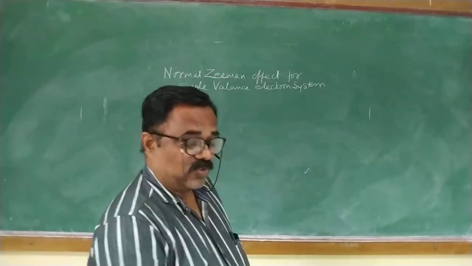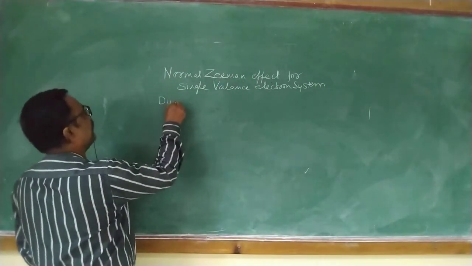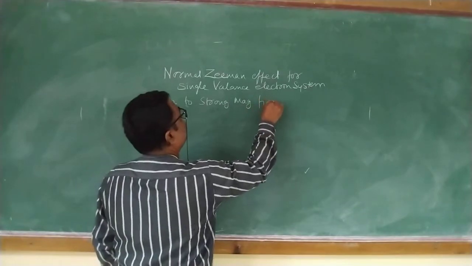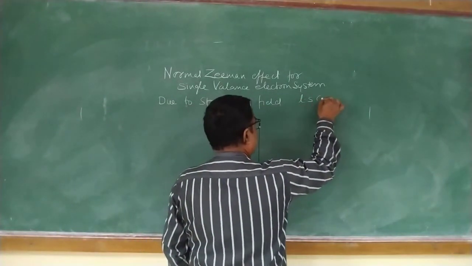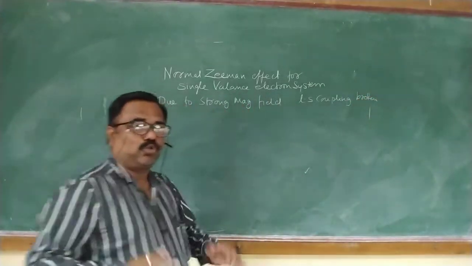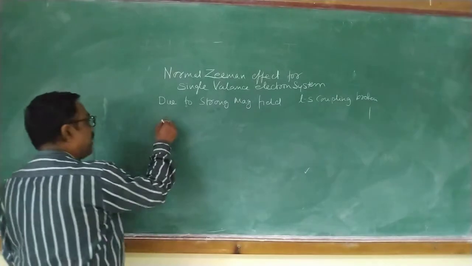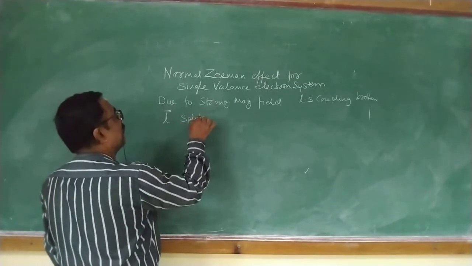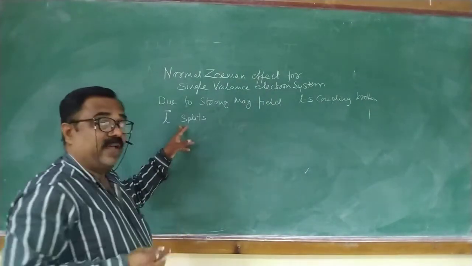Due to the application of a strong magnetic field, LS coupling is broken, and the L vector, the orbital angular momentum vector, splits. The orbital angular momentum is affected.